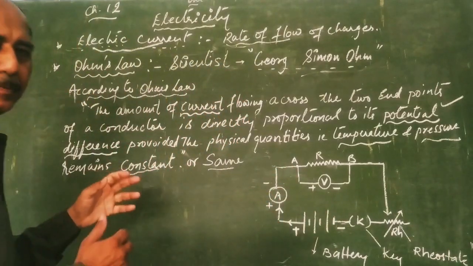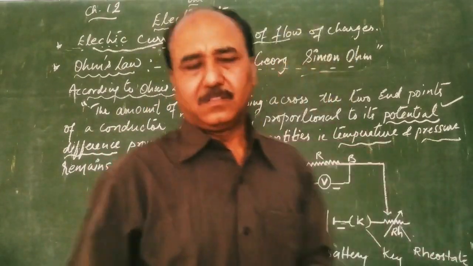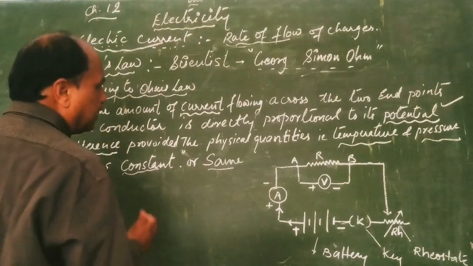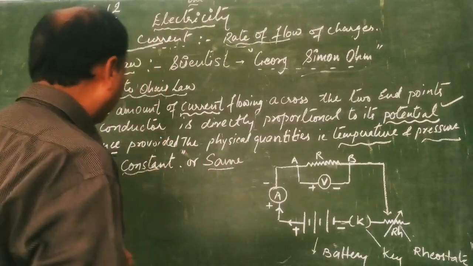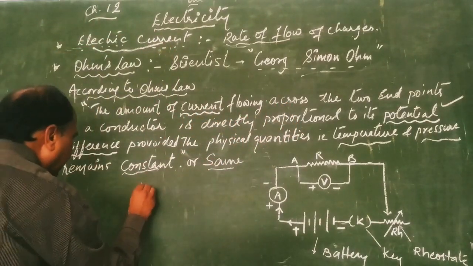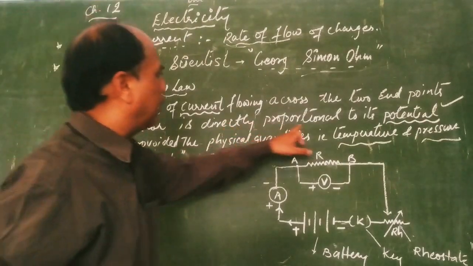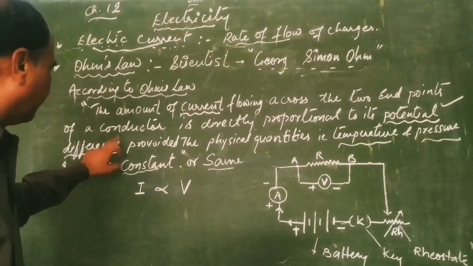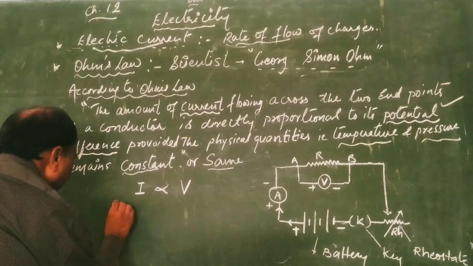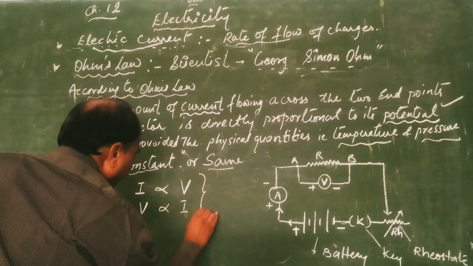Now a small expression related to Ohm's law, given by George Simon Ohm. Since he studied a relation between V and I, according to the statement, the current I is directly proportional to the potential difference V. So I is directly proportional to V, or we can say V is directly proportional to I. Do you know the meaning of directly proportional?